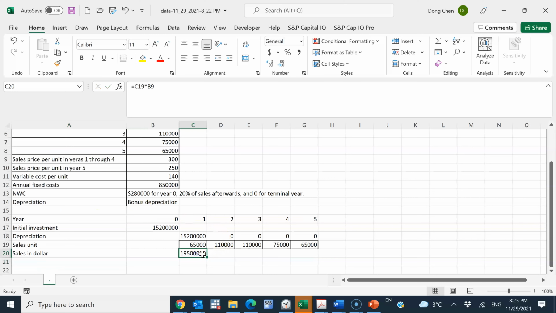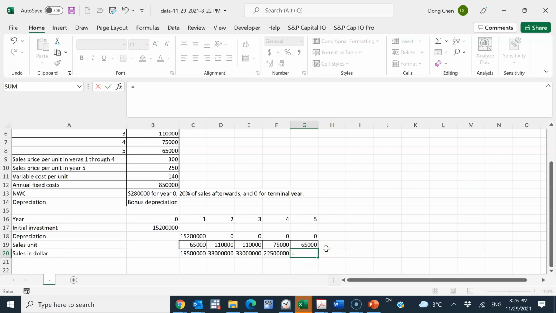So it's okay to calculate year 1 sales like this, but what I want to do is to fix the cell for the sales price per unit, because that price will be the same for years 1 to 4. When I fix the cell, I can now drag it to the other years, so Excel will automatically calculate the sales in dollars for me.